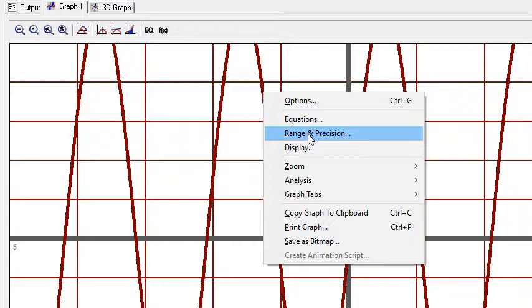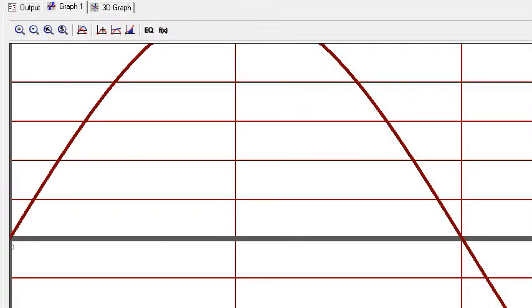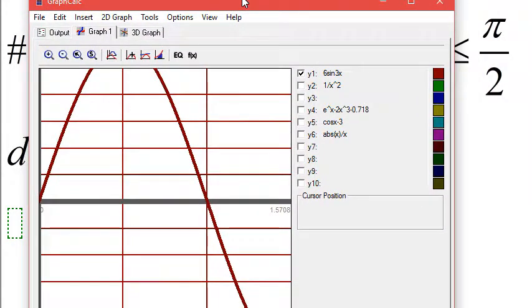Since we're going from 0 to pi over 2, I'm going to put my x scale, since it's obviously pi over 2, it needs to be more than that. Let's make it pi over 6, so that it's 1/6, 2/6, 3/6. Go to Window, X scale.